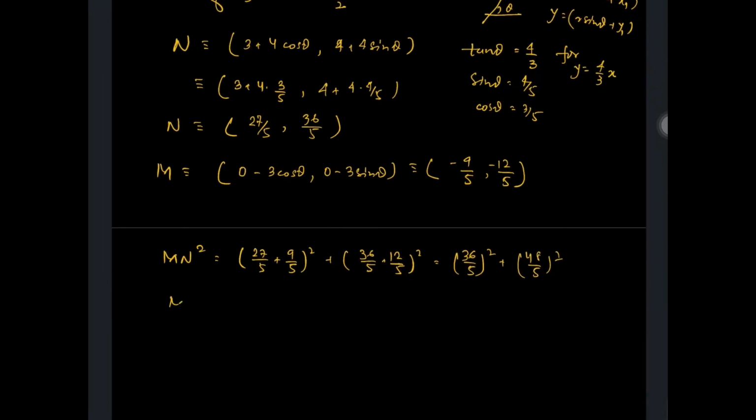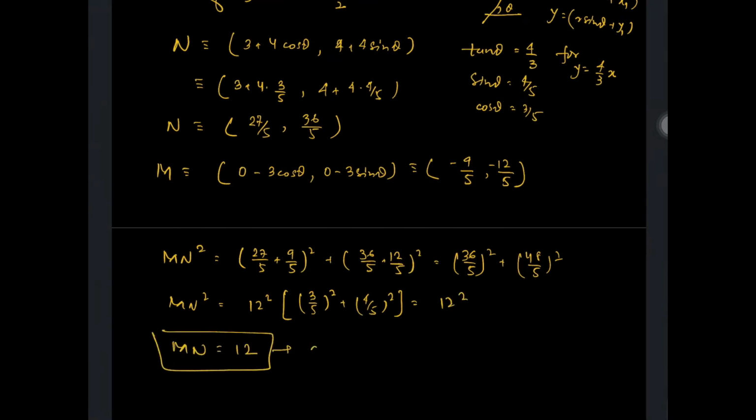So MN square is 9 square. Don't write 9 square, write 12 square, 3 by 5 square plus 4 by 5 square, that is 12 square. So MN is 12. This is the diameter.